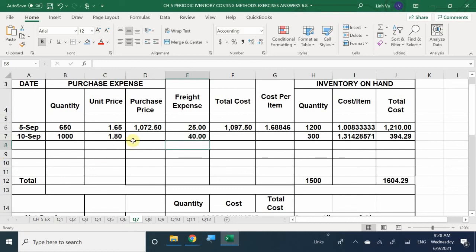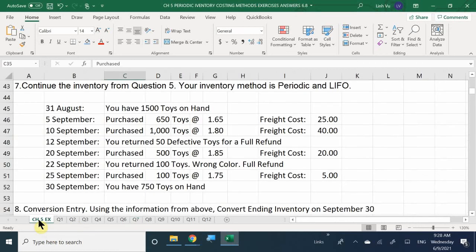So your purchase price is going to be $1,800, and then total cost $1,840. Cost per item is $1.84. Good. So then let's see what happened next.